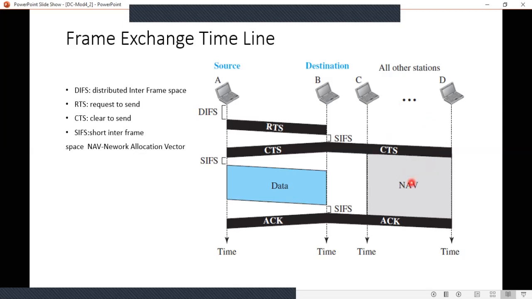Every time a station accesses the channel and sends an RTS, the other stations will start the timer and wait until the timer gets over to check the channel for idleness. Only after this duration will they start checking for channel idleness. This is called NAV time.